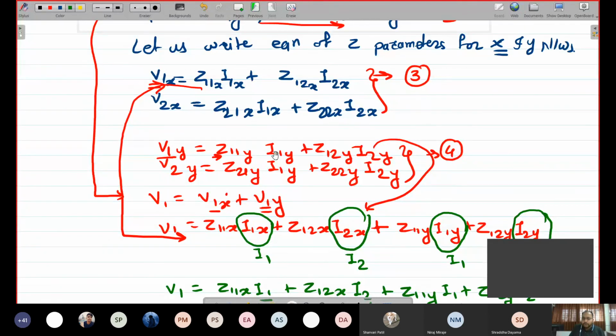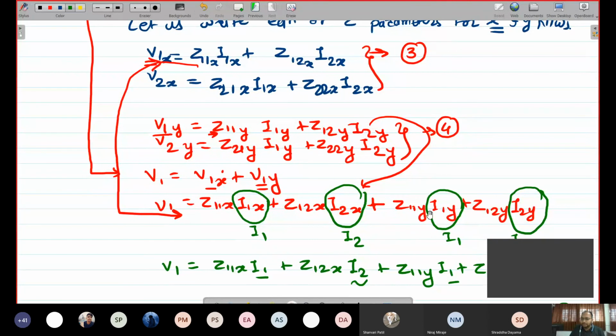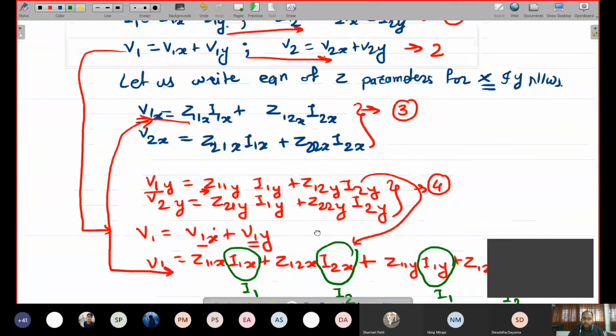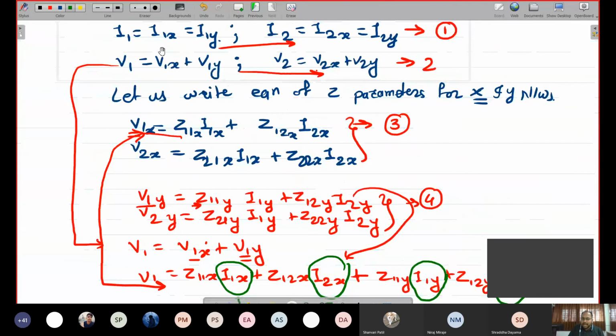And that equation we are going to put over here in place of this V1Y. And similarly, what is current? Current is nothing but I1, right? If it is I1X or I1Y, we are going to write it as I1 in a generalized way, and in case of I2X and I2Y, you are going to write it as I2. So we have done that replacement as well.